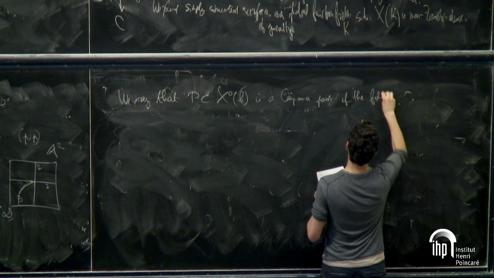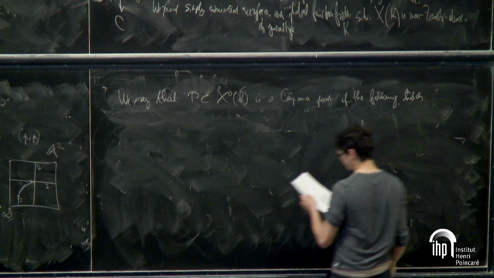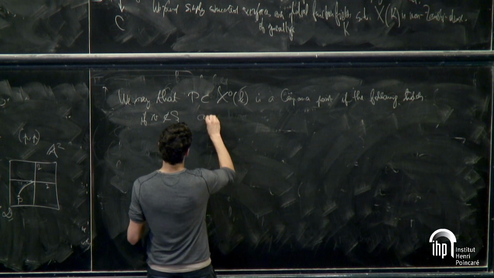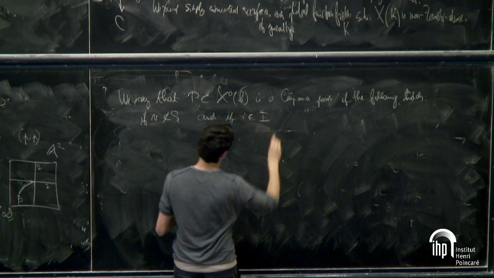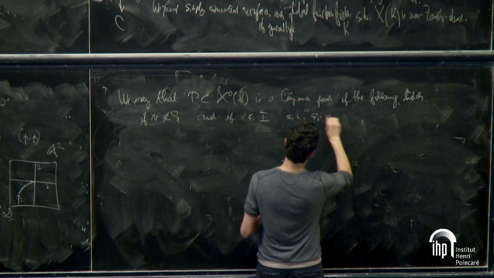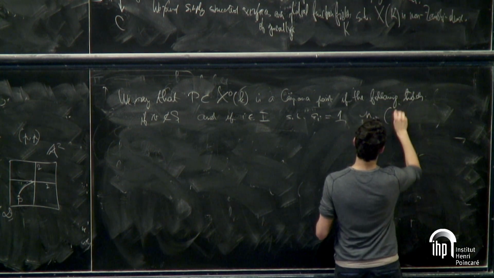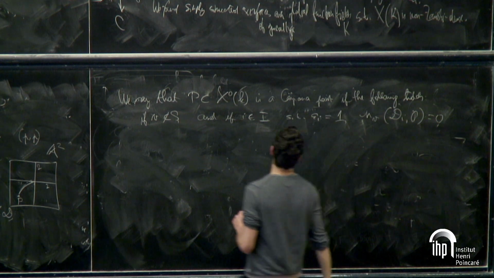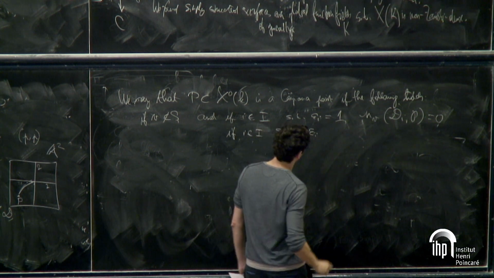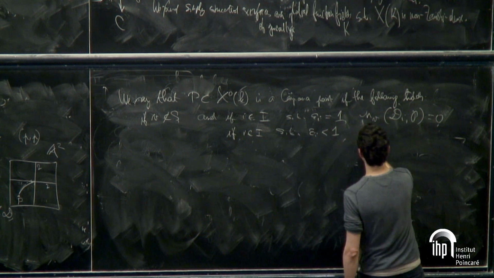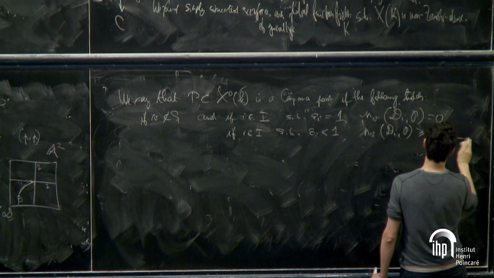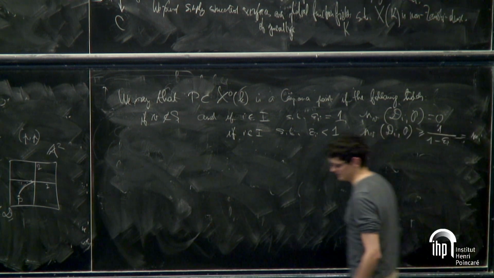So by this I mean the following. If I take a place v not in S, and if I have a component with coefficient 1, then I'm still not allowed to intersect it with my point P. But if I take a component with some coefficient smaller than 1, then I want that this multiplicity will be at least m_i, which is 1 over 1 minus epsilon i, which we've been considering.